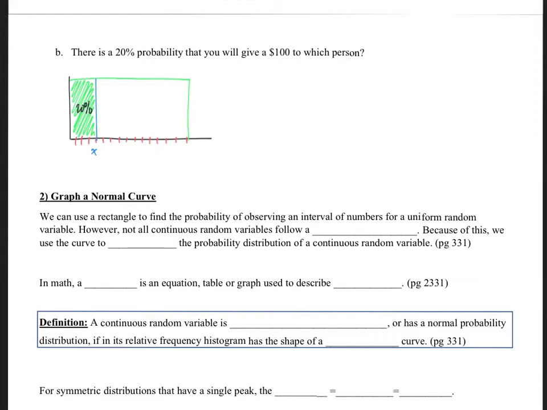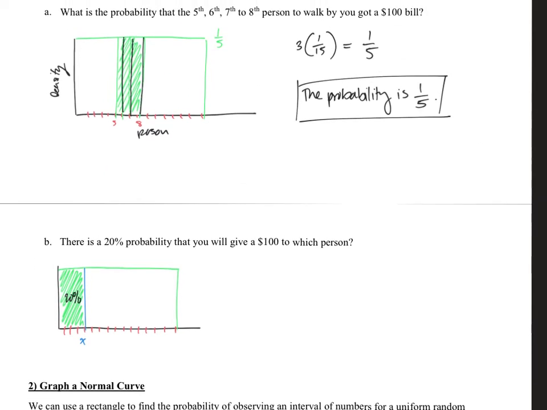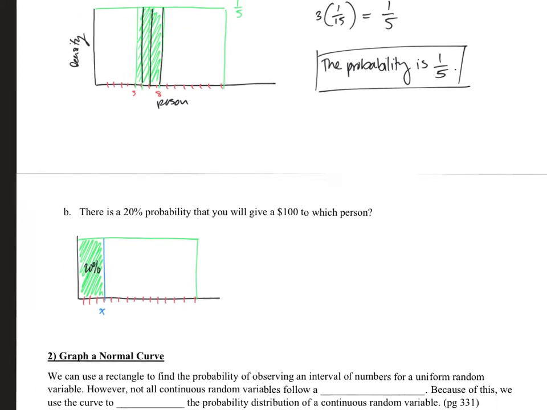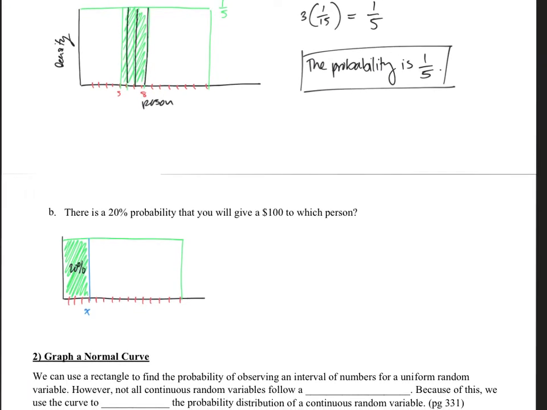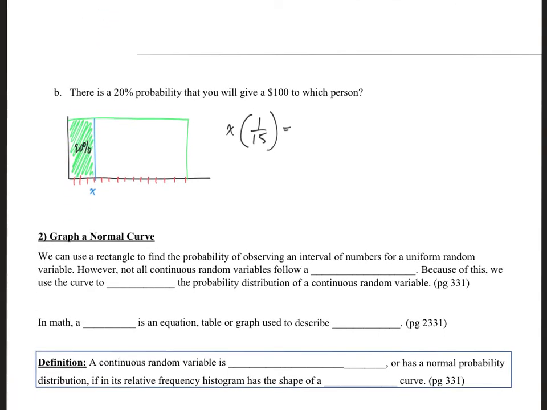So we're going to use the same sort of formula we had last time, which was we had our person, which is the x value, remember, x times our probability, and this time we're actually given the n%, which is 20% or 0.20.